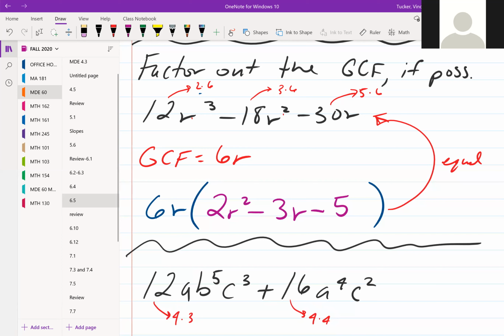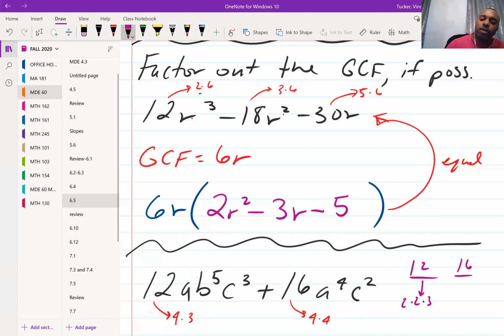Now, if you break them all the way down to prime numbers, ultimately what you would have is 2 times 2 times 3, and this would be 2 times 2 times 2 times 2. What would be in common is 2 times 2, which would be 4.